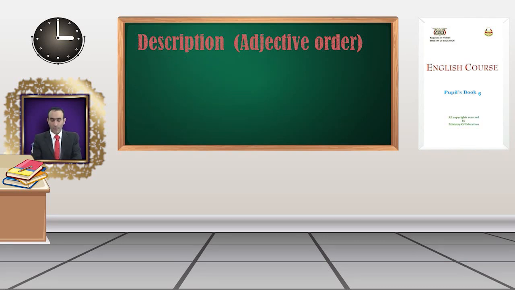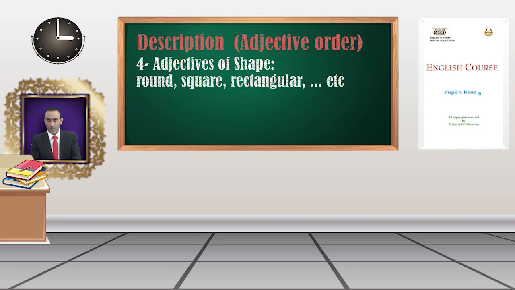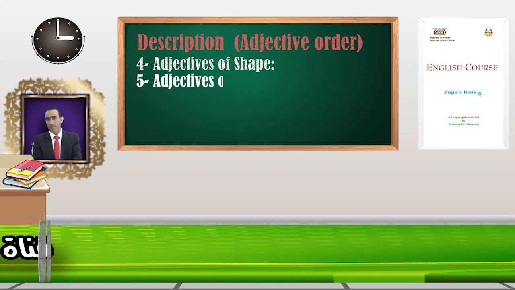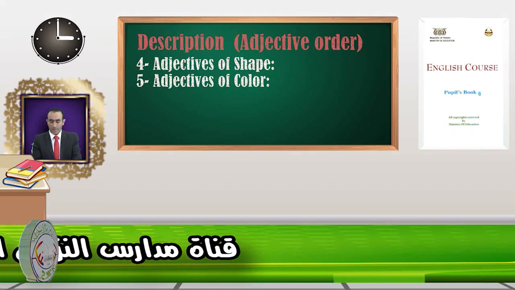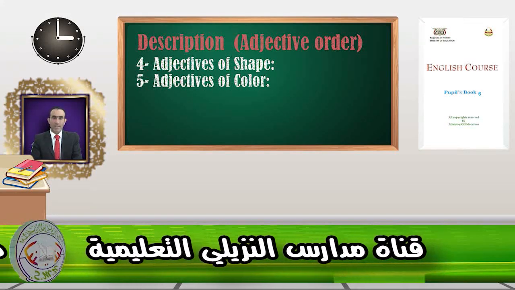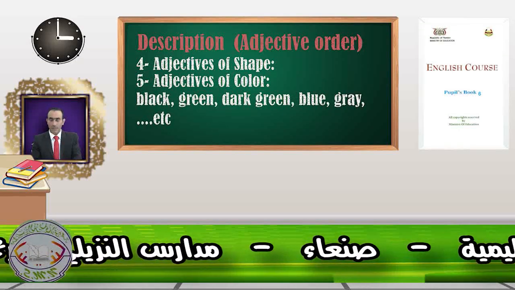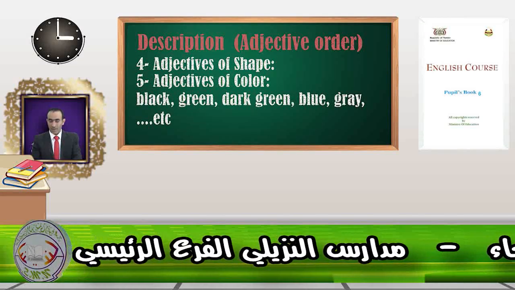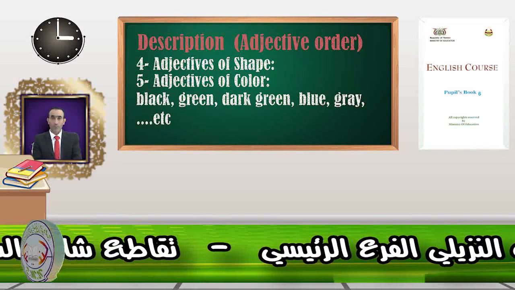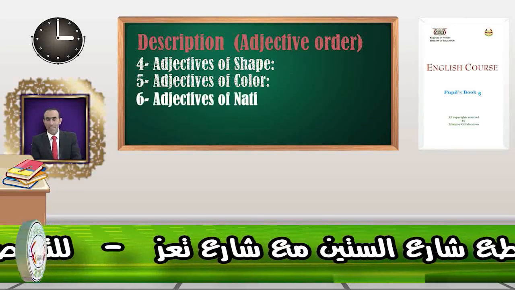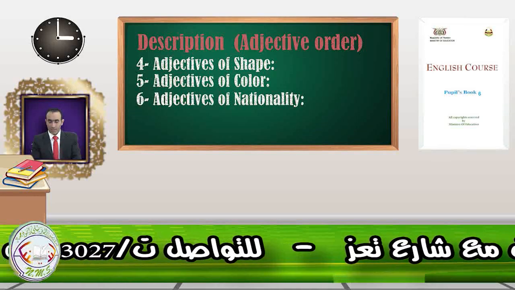etc. Number 4, adjectives of shape, like round, square, rectangular, etc. Number 5, adjectives of color. They tell you what color something or someone is, like black, green, dark green, blue, gray, etc. Number 6, adjectives of nationality.